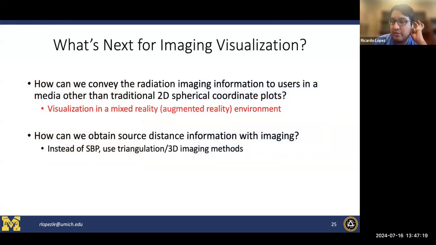So we were also trying to come up with a way to figure out source distance information using said imaging system. And so instead of using simple back projection, one thing you can do is use triangulation or 3D imaging methods by making use of multiple imagers at the same time. And I'll get into that in a bit.